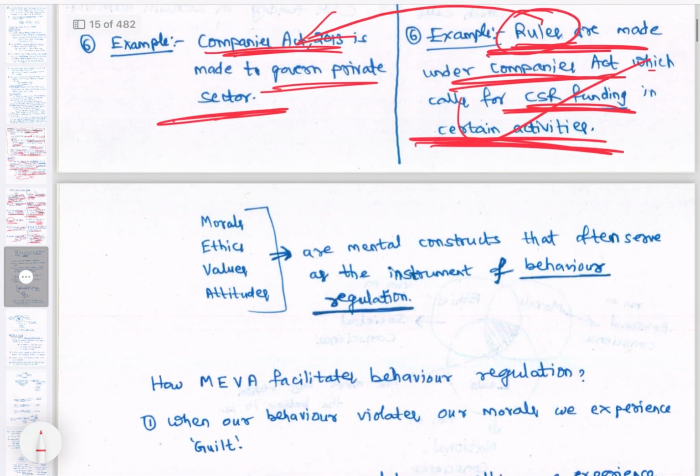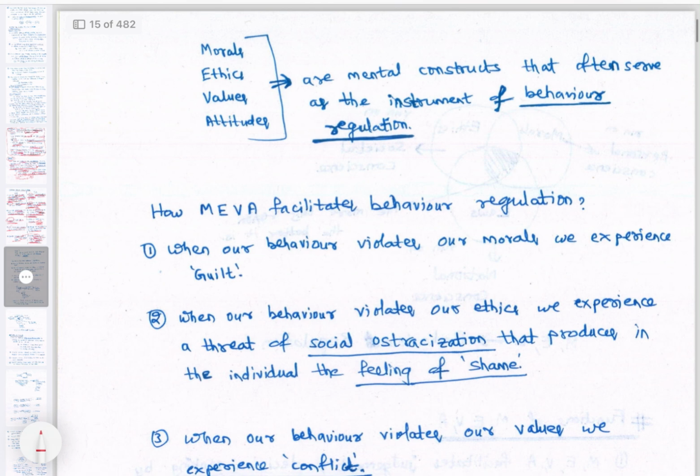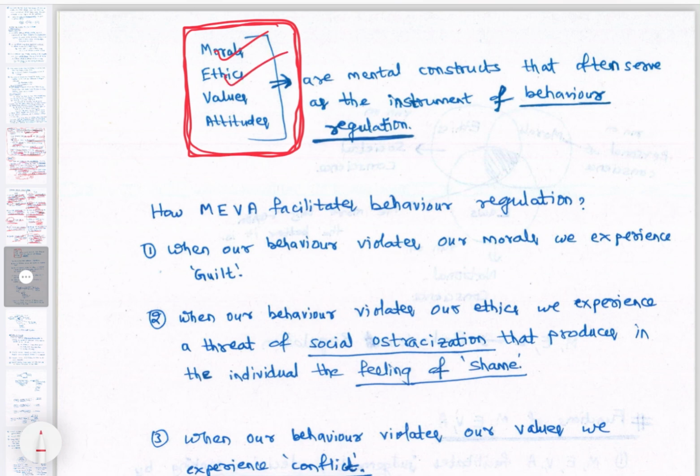Okay. That is a thing. Now let's discuss the basics about morals, ethics, values, and attitudes. We have already discussed what morals, ethics, values, and attitudes are; we will discuss attitude in the next topic.